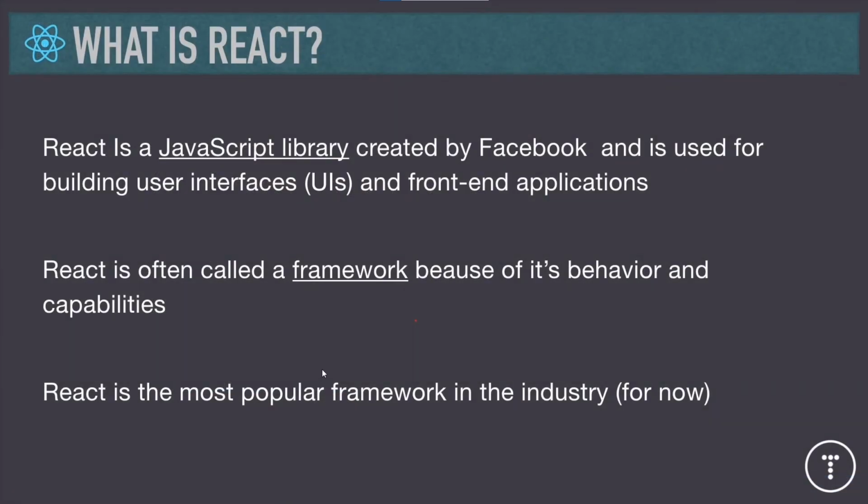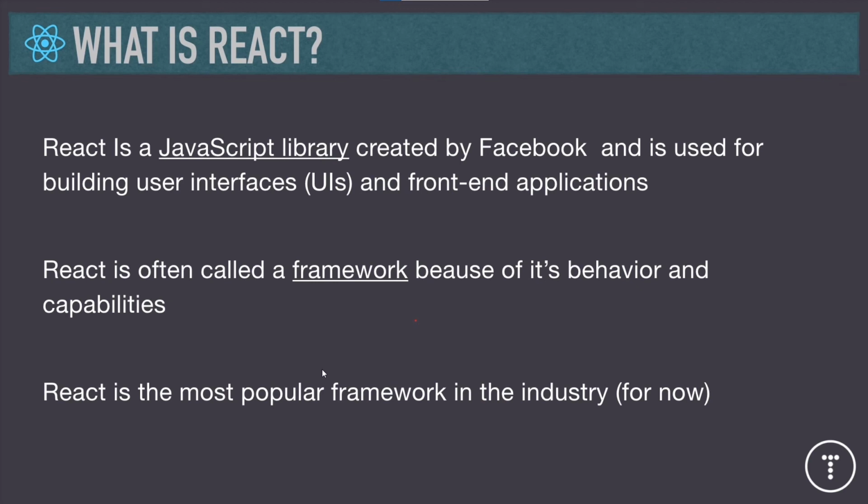Let us understand why we want to use React. First we have to understand what React is. React is a JavaScript library created by Facebook and is used for building user interfaces and front-end applications.